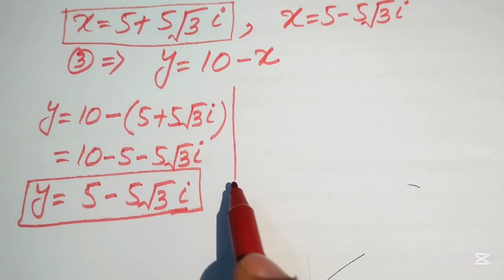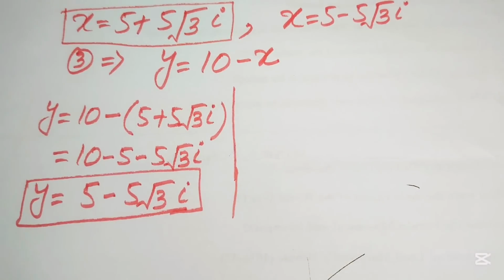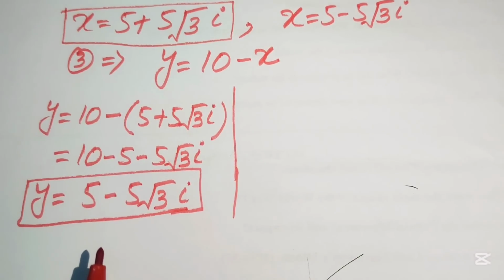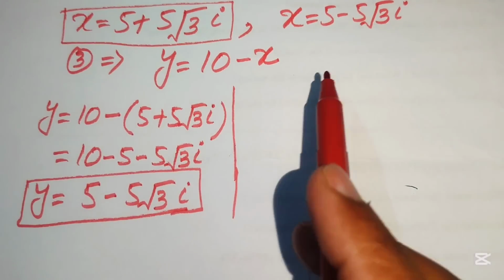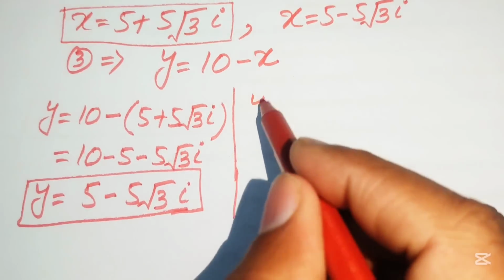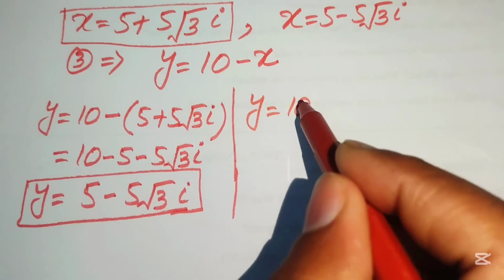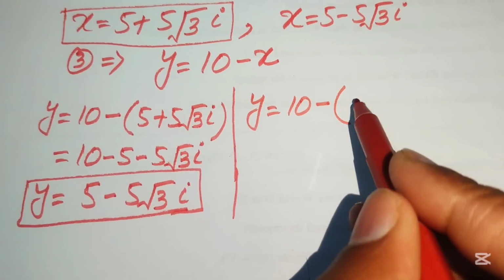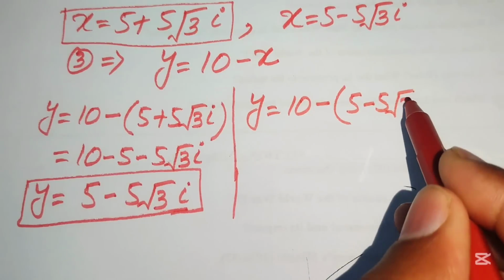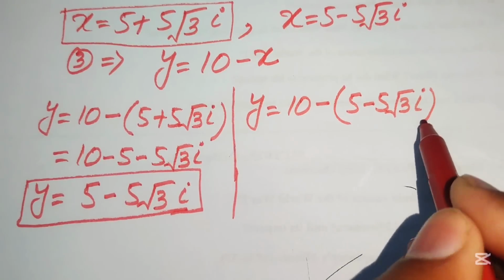corresponding to the value of x that we used. So further you see here we have the second value of x = 5 - 5 times the square root of 3 iota. We substitute it here, and it will be written as y = 10 - x. The value of x is 5 - 5 times the square root of 3 iota.